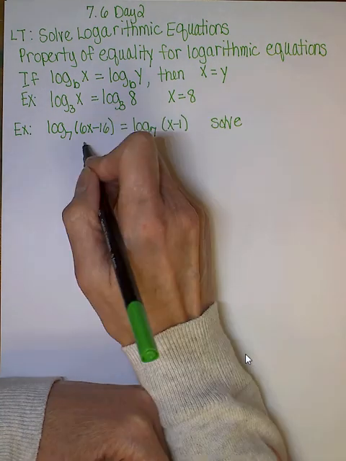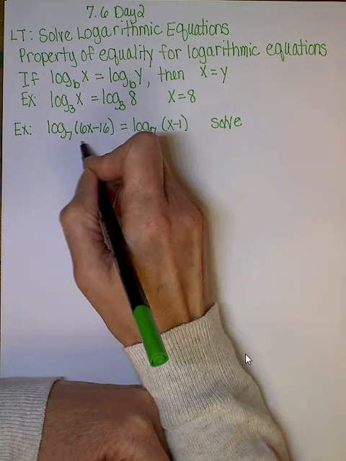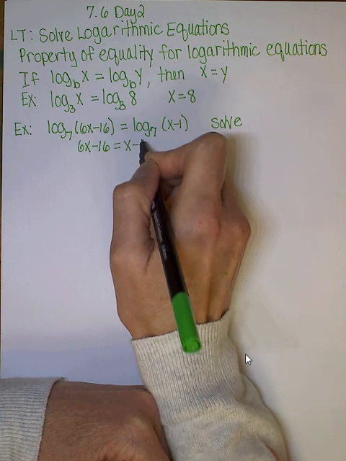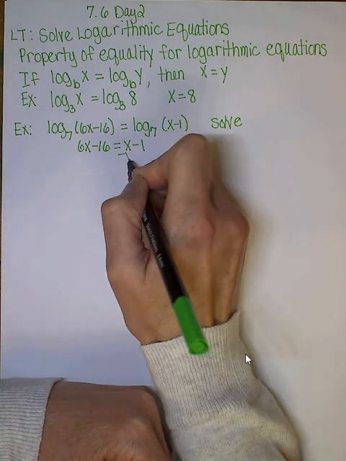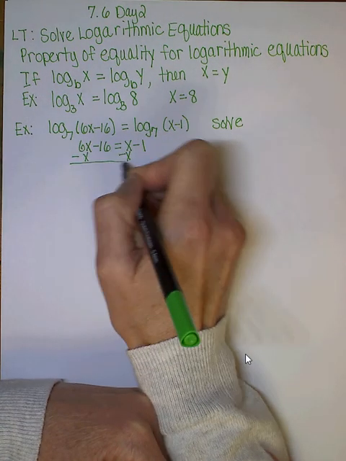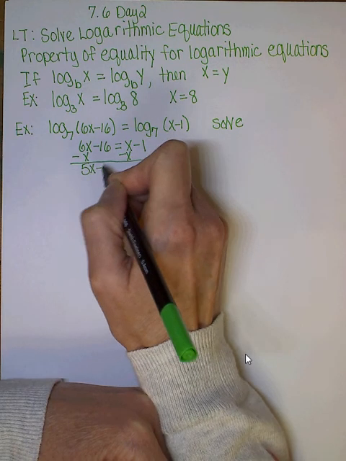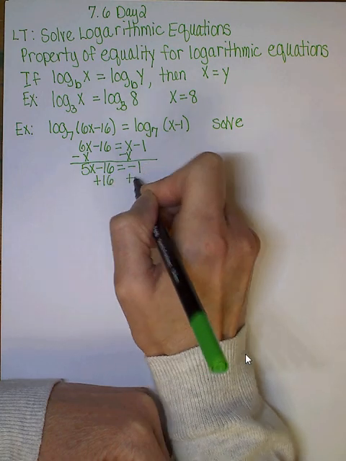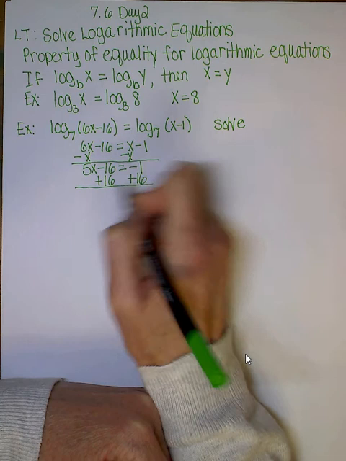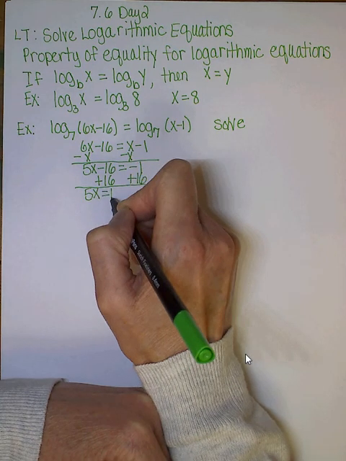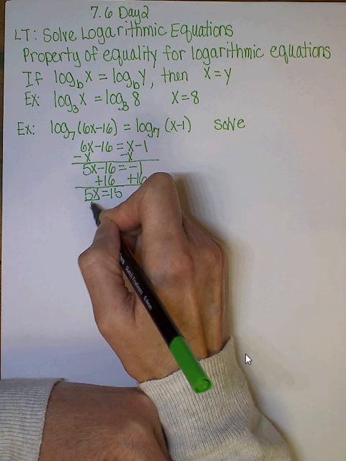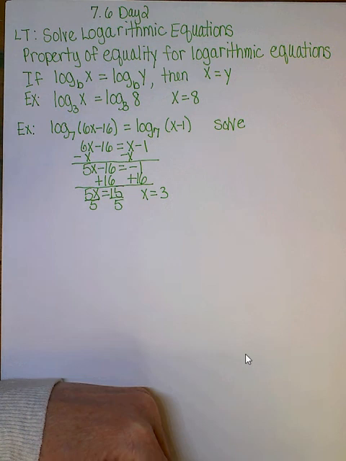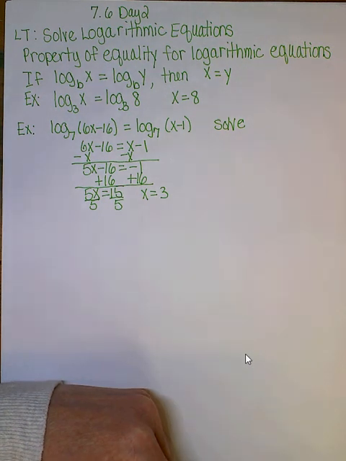So if you notice that it's on both sides of the equal sign, then you're just going to set these equal to each other and solve for x. Okay, so do your opposites to solve for x. So we find out that x equals 3. And again, you can always plug this back in and make sure that it works.